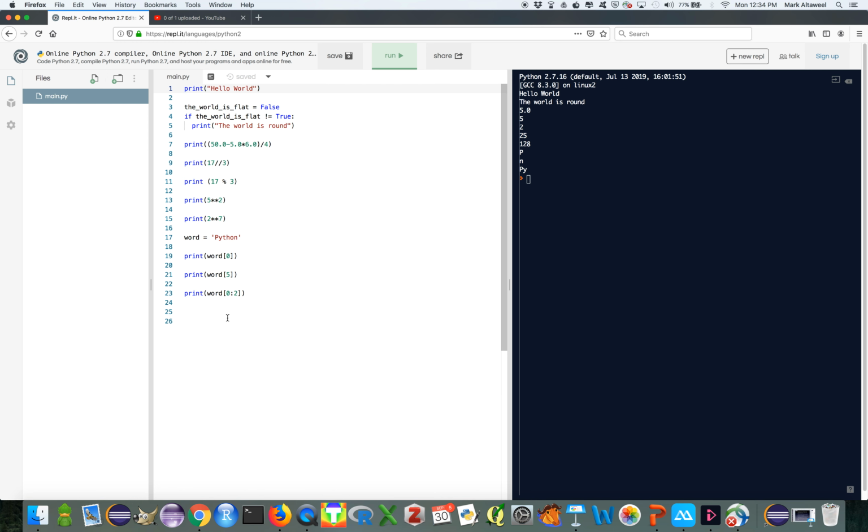So it's going to result only in the first two values. So remember, the value on the right of the colon, when you're trying to get a sequence of values within a list, is not inclusive in your results. So that's something to keep in mind.